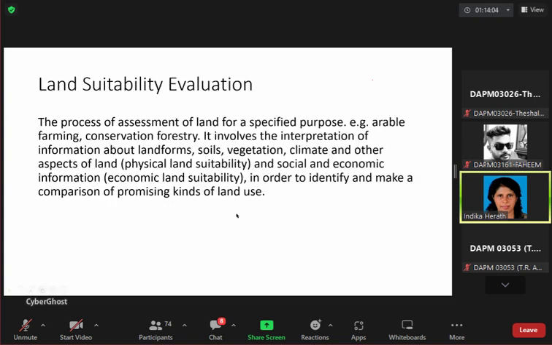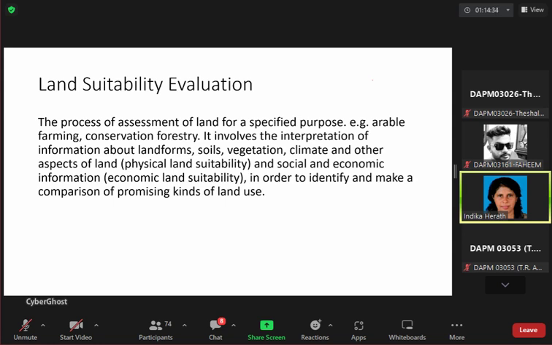Land suitability evaluation is the process of assessing whether the land is suitable for a specific purpose, for example arable farming or conservation forestry. So we can do an assessment or evaluation of whether this land is suitable for the purpose.